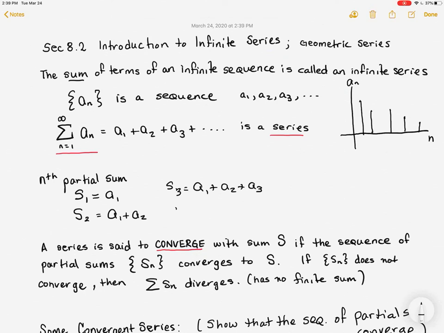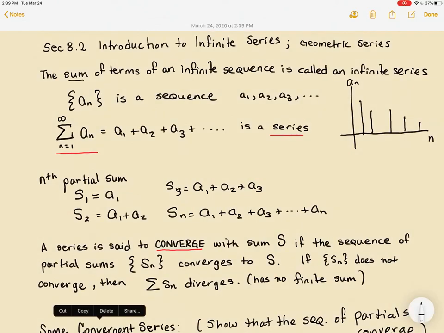So the nth partial sum, S_n, is the sum of the first n terms. These S's themselves make a sequence called the sequence of partial sums.